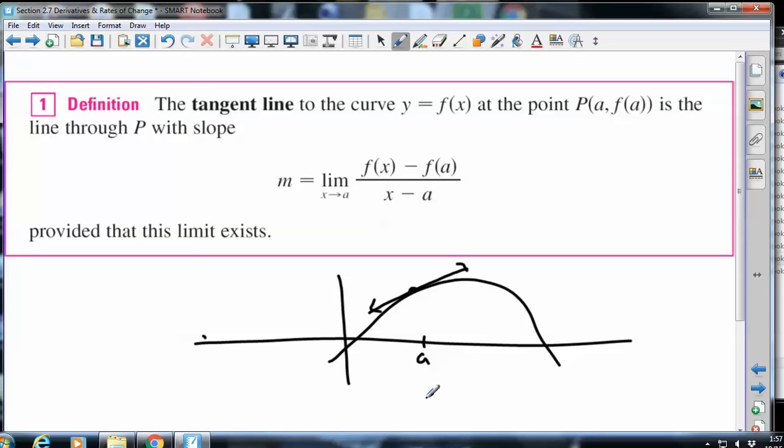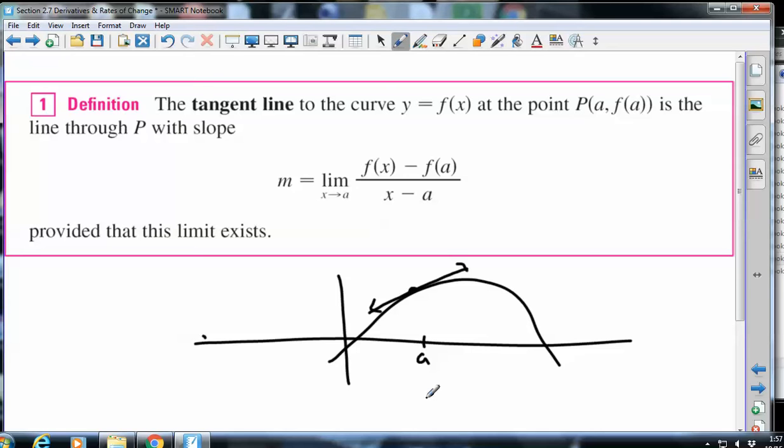We kept getting closer and closer. Like if it was 2, we do 2.1, 2.01, 2.001. So we were making the distance between the x and the number we were approaching get smaller and smaller. So we're really doing a limit as x approaches a given value.